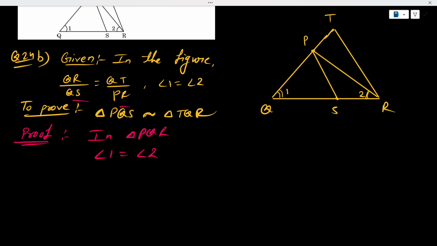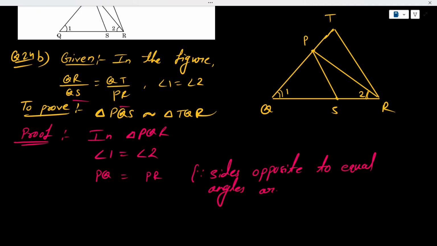The moment angle 1 is equal to angle 2, can I write PQ is equal to PR? What is the reason here? Since sides opposite to equal angles are equal. The angles are equal. Done. This is my first part.